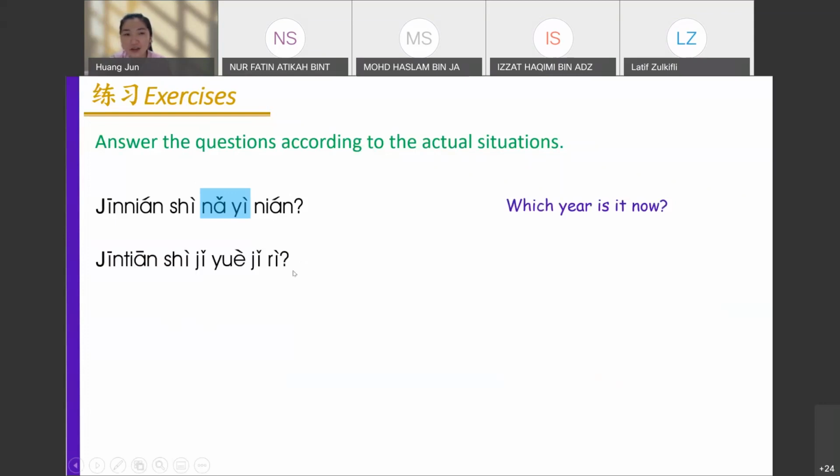Then how do you answer me in the full sentence? Type in pinyin. 今年是哪一年? Answer me in the full sentence.